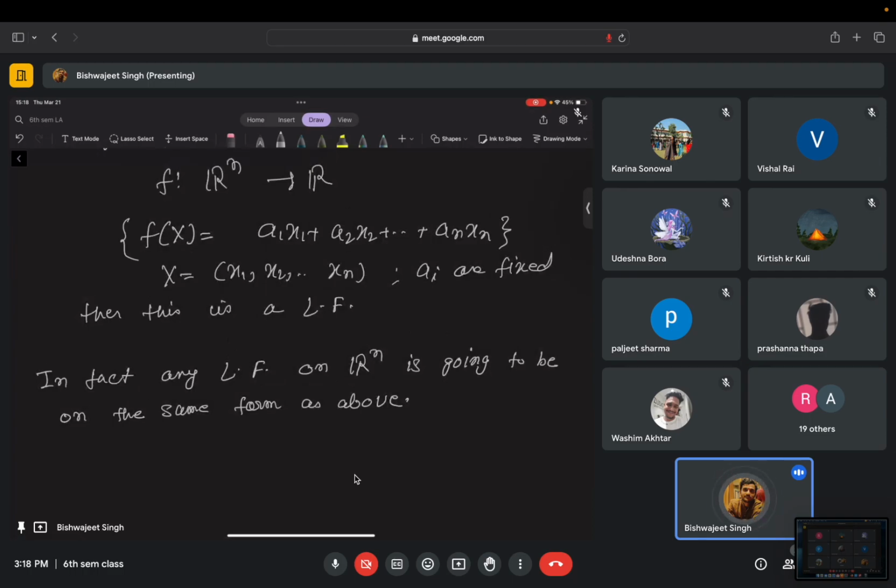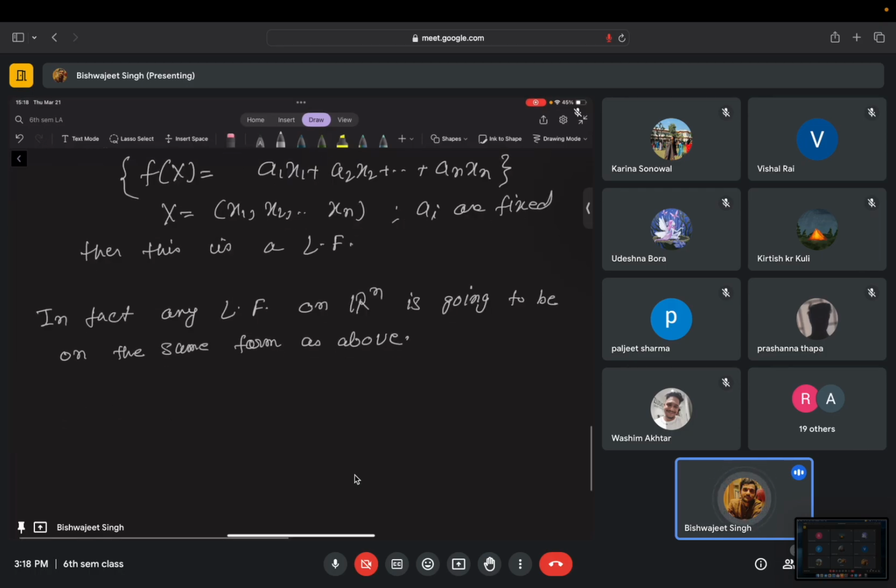Basically, you cannot have a function from Rn to R such that f of x is equal to sin x1 sin x2, or e power x1 plus e power x2, or x1 square plus x2 square, like nothing. No other function can be used except this class of function, that is a1 x1 plus a2 x2 up to an xn. The most you can do is change the values of a1, a2, up to an. So this is what we are actually going to prove.